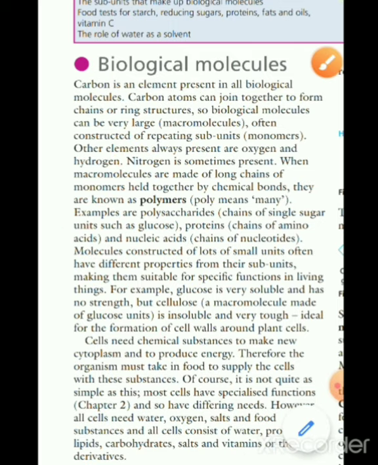Next, molecules constructed of lots of small units often have different properties from their subunits, making them suitable for specific functions in living creatures. You should be clear with the term specificity. Lipids have a specific role, carbohydrates relate to sugar, and they meet the demands of sugar in our body.